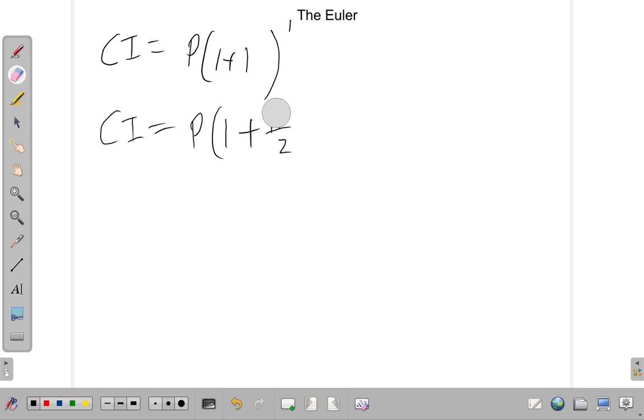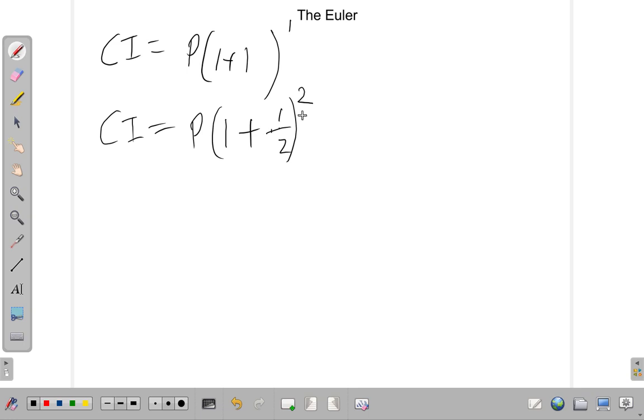So let's just use 1 for the number. It is 1 over 2. Now it will mature at 6 months and then mature at the end of the year. So at the end of the year, you will have done this 2 times. So the n, the number of times that it matures, would be 2. Alright?